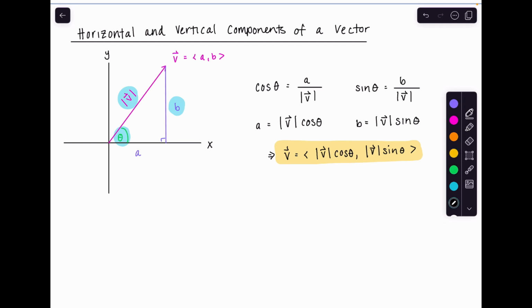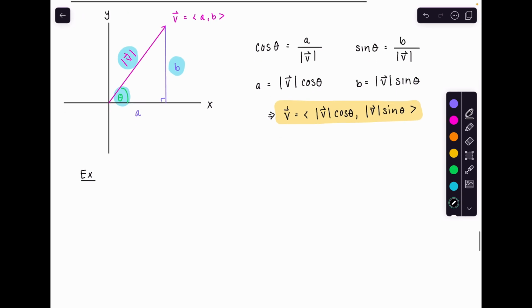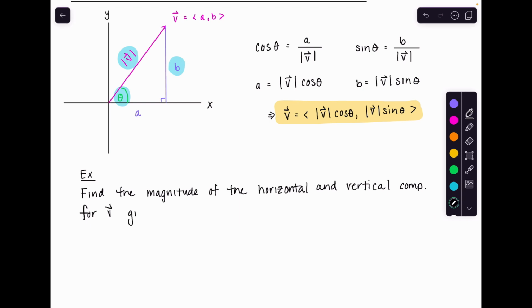So let's just do one last example. Let's go ahead and find the magnitude of the horizontal and vertical components of v, given that the angle this vector makes is pi over 4, and that the length of vector v is 4.